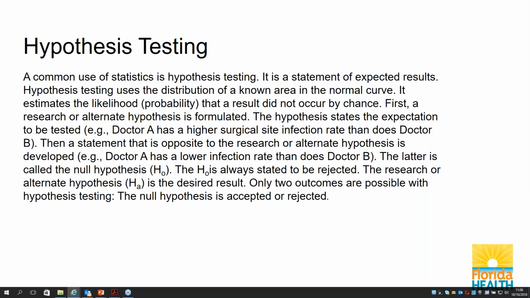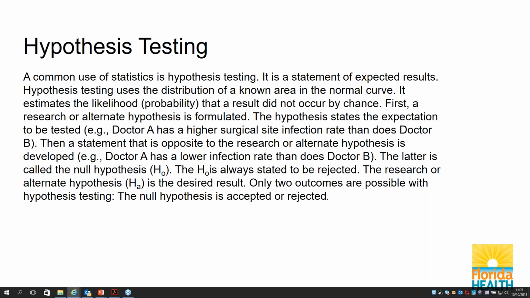Hypothesis testing. A common use of statistics is hypothesis testing, which is a statement of expected results. Hypothesis testing uses the distribution of a known area in the normal curve, and it estimates the likelihood or probability that a result did not occur by chance, right? First, a research or alternate hypothesis is formulated.